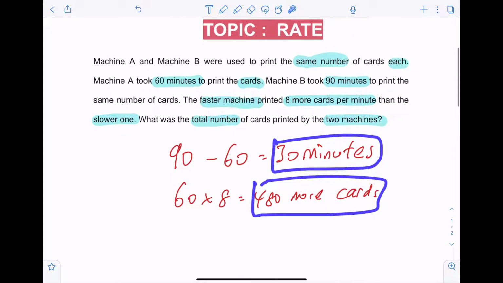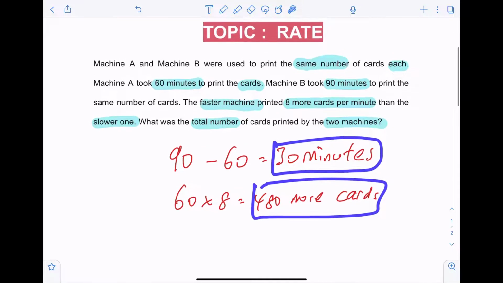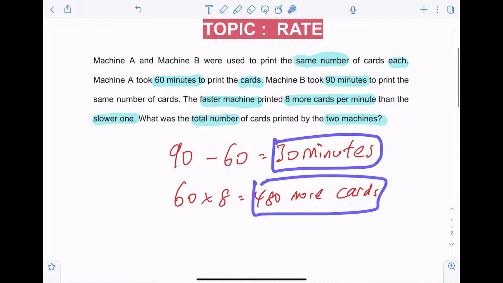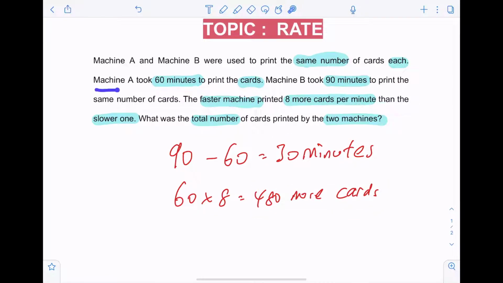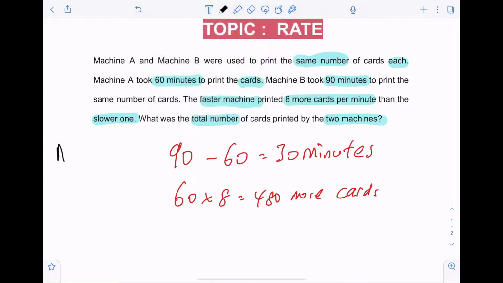Okay, try and rewind this video again and hear the explanation one more time and write down the key points. I repeat this, in the 60 minutes that both machines are working, let's say I give machine A and machine B both 60 minutes. Okay, this guy is able to complete the job.